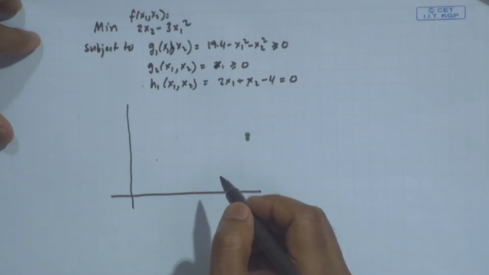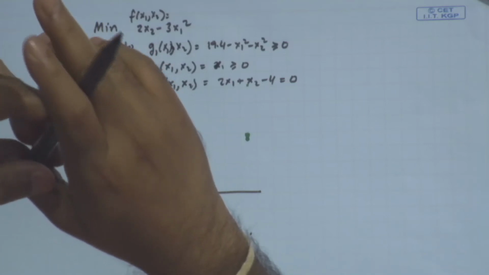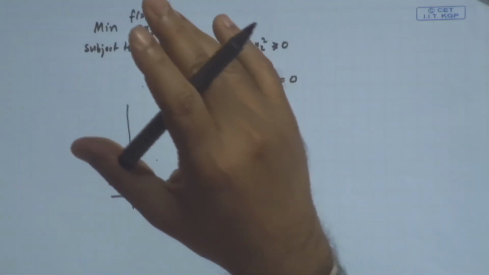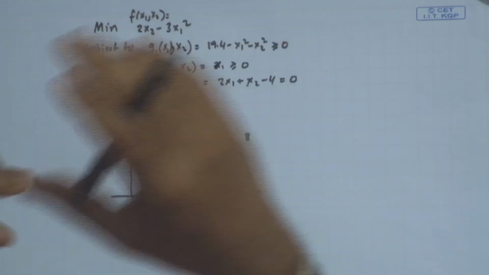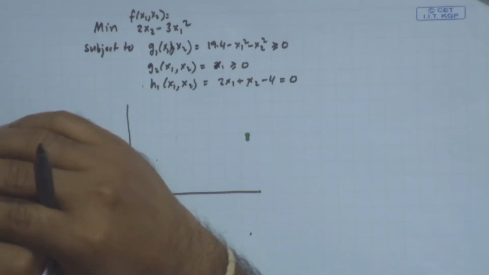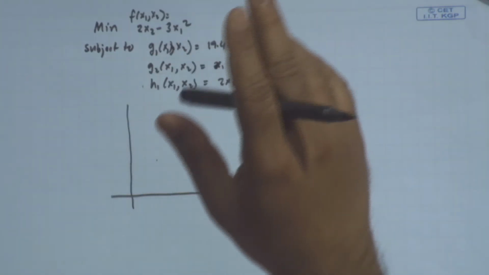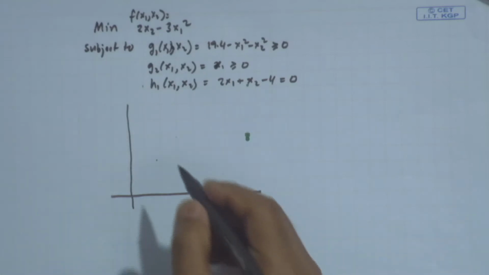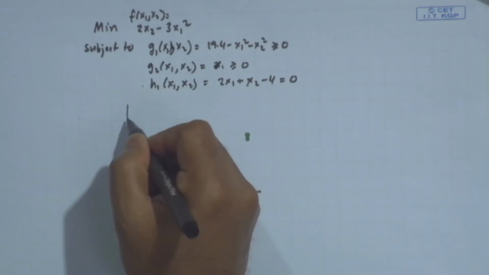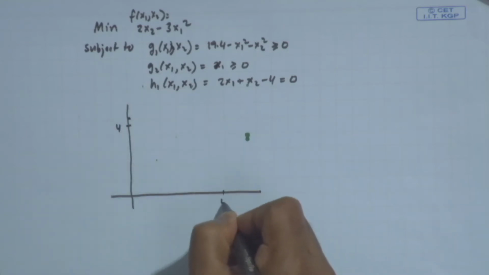U2 value is negative? We cannot obtain U2 and V value. You cannot? See, all the conditions you have to use. You should be able to calculate with all conditions, not just one. Everything has to be used. Usually the equilibrium condition and the complementary slackness conditions help you get that. But you also have to check if the feasibility conditions are satisfied. Put x1 equal to 0, x2 equal to 4.